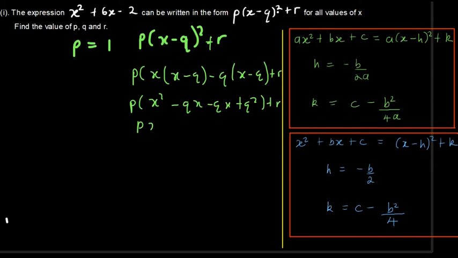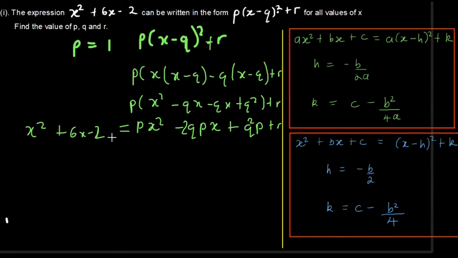So if we expand, we get px squared minus 2pqx plus pq squared plus r. So if we expand this expression to the standard form, it should be the same as x squared plus 6x minus 12. It should be the same.